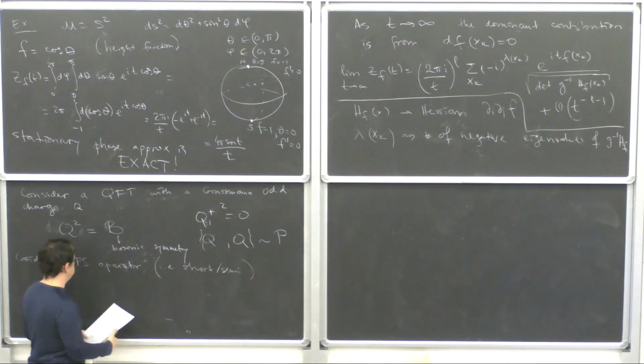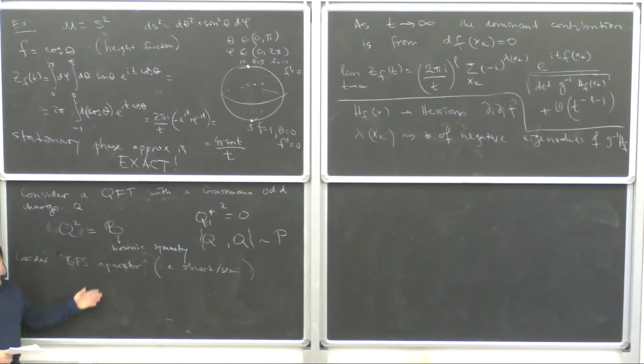So BPS operator is another name for such a thing. There's many names: BPS operators, protected operators, short multiplets. Roughly speaking, these things mean the same. Something is being annihilated by a supercharge.